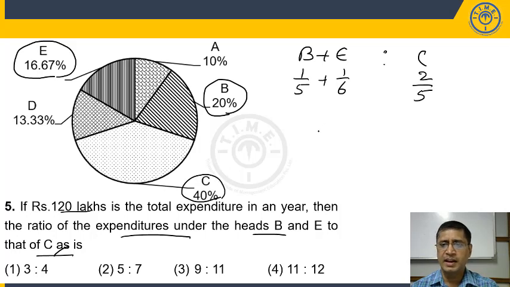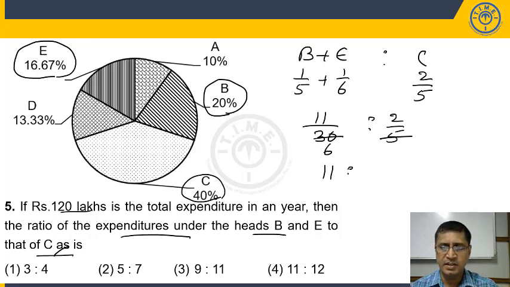Now what is B and E together? The LCM here is 30, whereas the sum of the numerators is 11. It was 6 times and it was 5 times, 5 plus 6, 11. With respect to 2 by 5. Now simplify. 5 goes exactly 6 times in 30. So what is the result? The result is 11 is to 12.